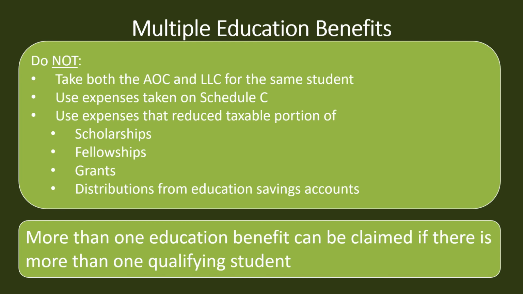You also can't use expenses that were taken as deductions on Schedule C, which is our business income. So that's our little sole proprietorships. I don't see this being a big issue for us.